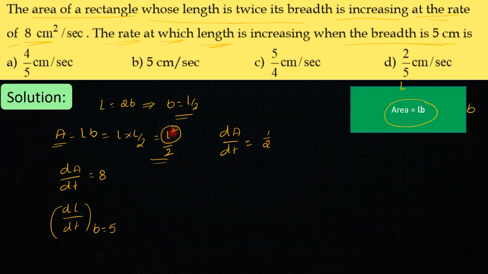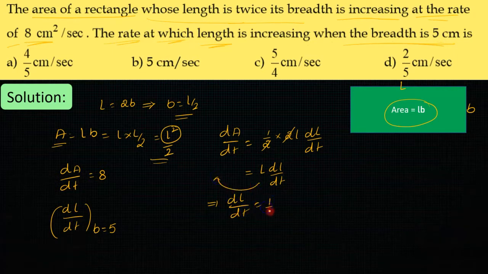Differentiation of L square with respect to t is 2L into dL by dt. This equals, here 2 gets cancelled, L into dL by dt. From this, dL by dt is equal to 1 by L into dA by dt.